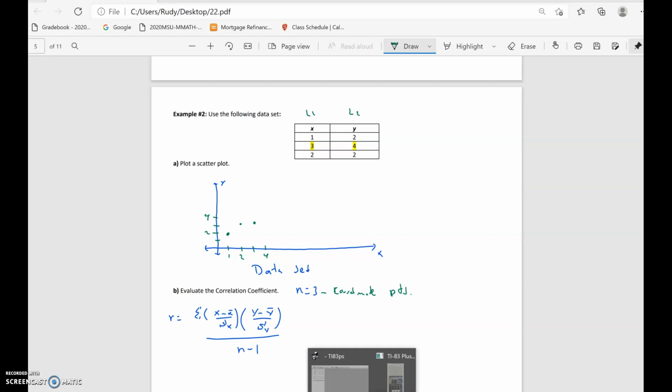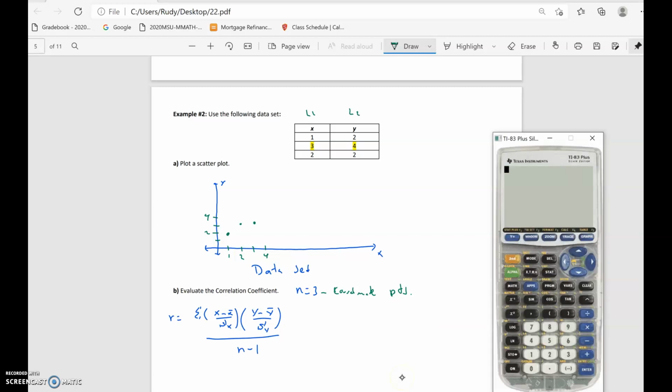They do have to follow that format since the code already takes into account that the first data set represents the x's. So just go to stats and then enter the data set. I already did this in advance, but let me double check. 1, 3, 2 in the first column, 2, 4, 2, and then exit.